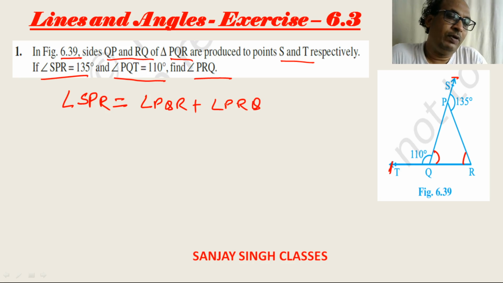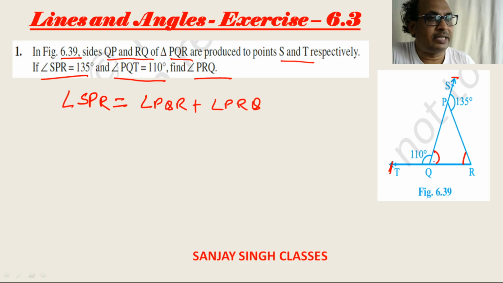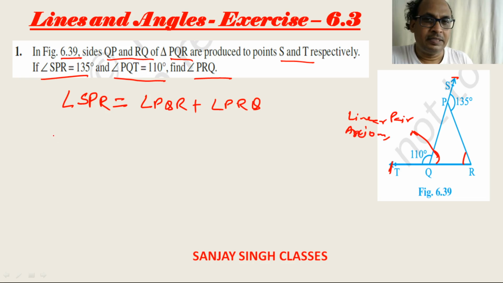Okay. Now we need to find angle PQR. So by using the linear pair axiom here, we can say that 110 degree plus angle PQR is equal to 180 degree. What is it? Linear pair.